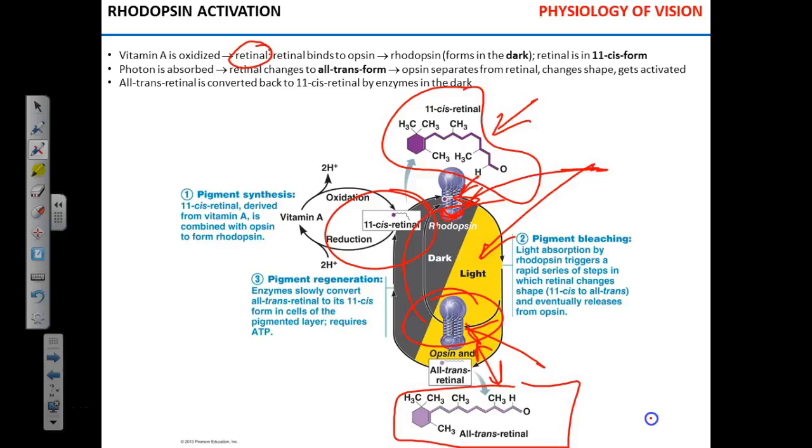So right now, is there a lot of light? There's a lot of light. All this light, what does it do to 11-cis retinol? It changes it to all-trans. What happens to the complex between opsin and all-trans? They are separated, right? So when they are separated, can they sense light?